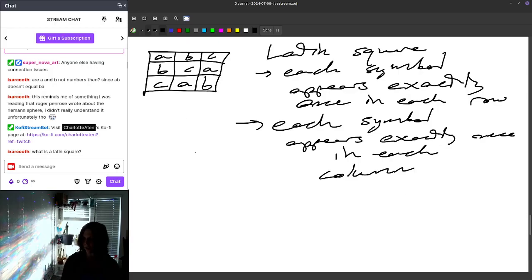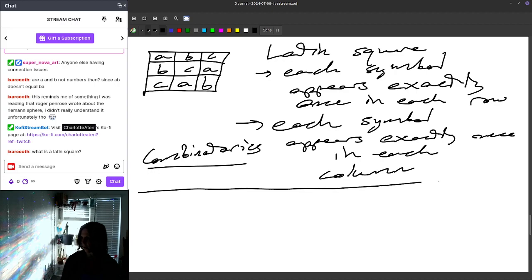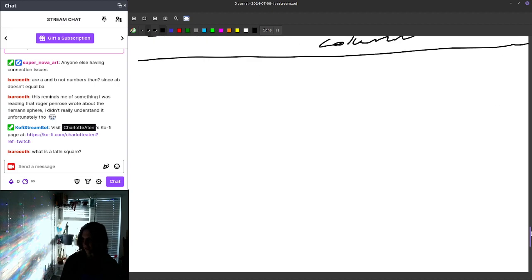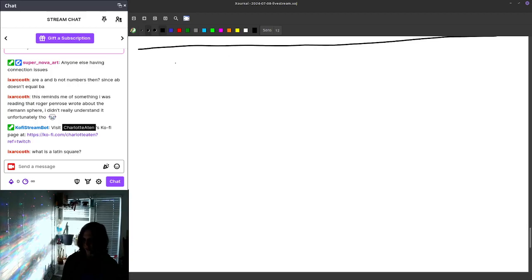But this is sort of the combinatorial version. There's also an algebraic version of this. If you're doing combinatorics, then you can think of it like this. But there's also a different way to think of it, which is equivalent in some sense, and that's thinking of it algebraically.